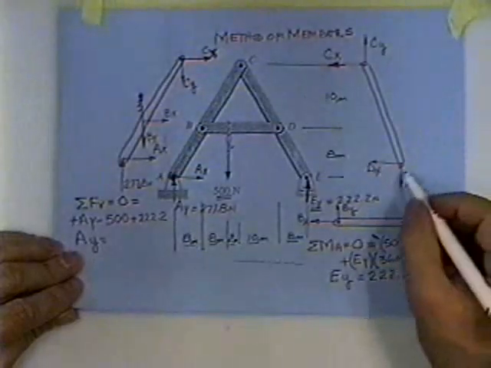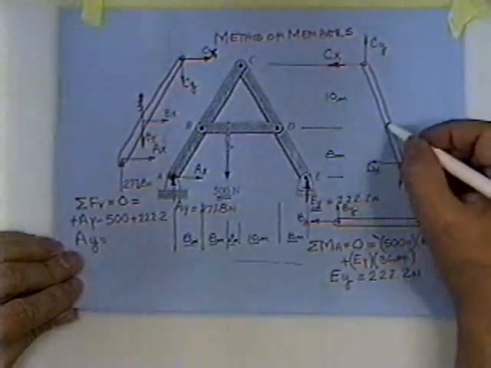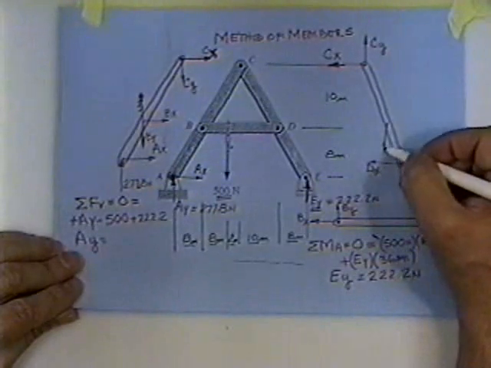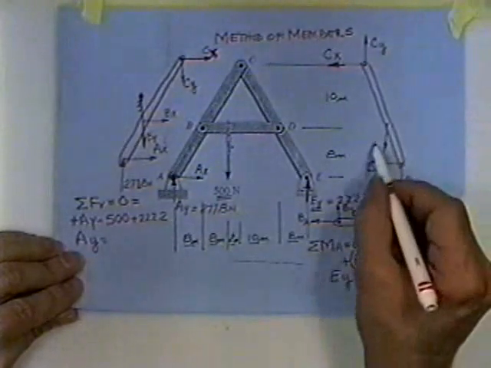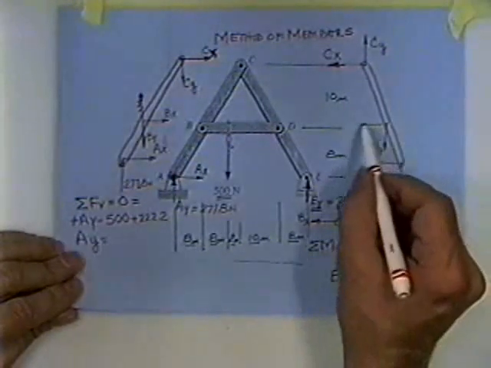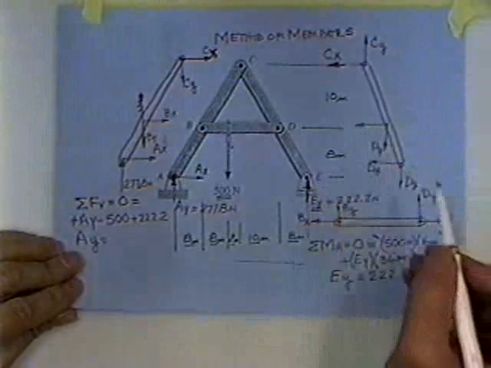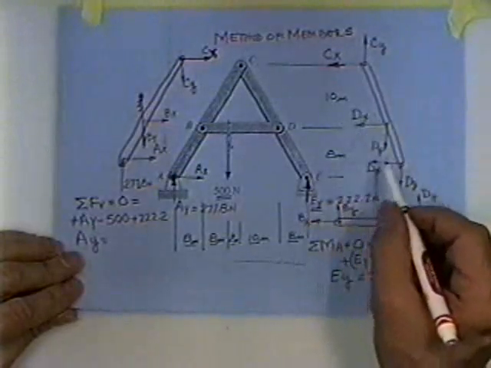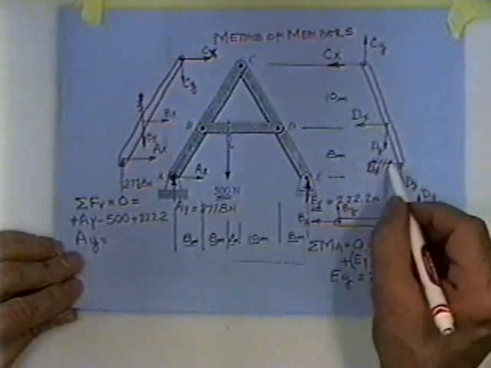Whoa, that's not point A. Let me transfer those forces where they belong. DY. I wonder if there's any way I can blame that on Kelly. Hey, might as well blame it on Chris.